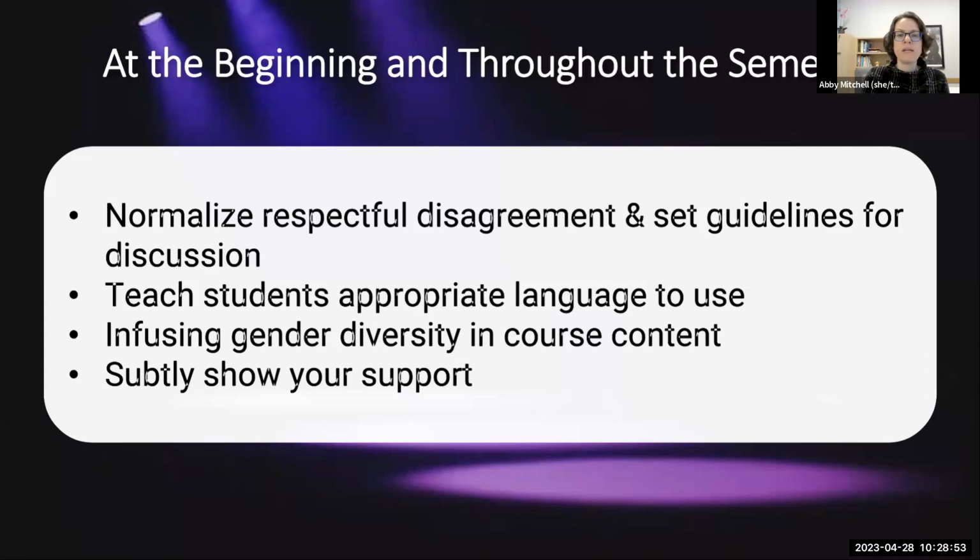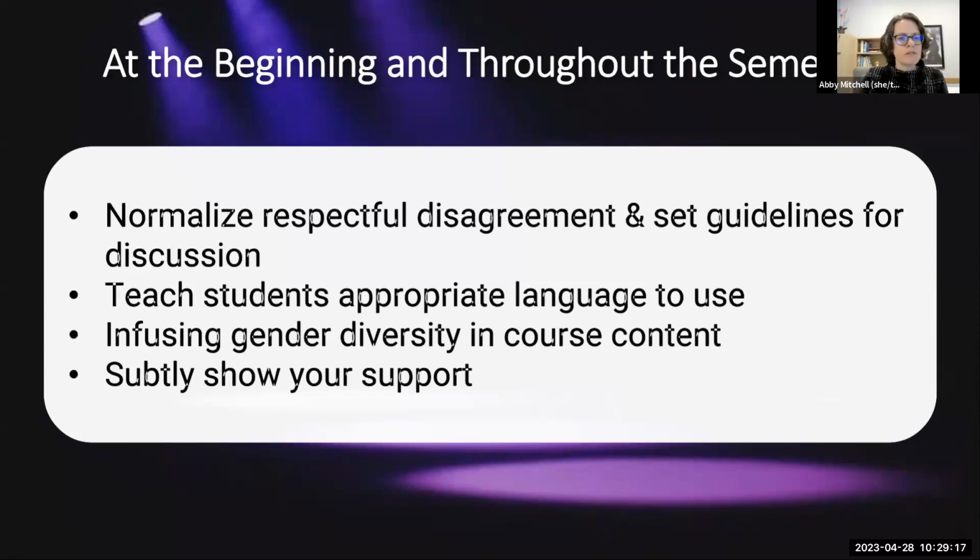So using pictures that show a diverse group of people in terms of gender and other identities as well. Using examples of a whole variety as well. So making sure that your course is reflective of all the diversity of the students that is out there.